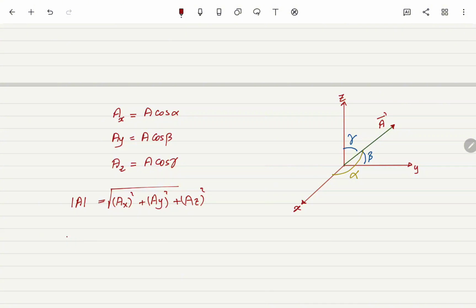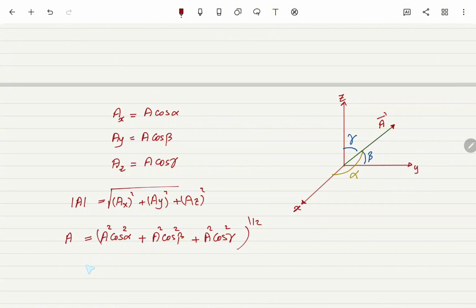Or A in this case equals, we just substitute AX, AY, AZ, A squared cosine squared alpha plus A squared cosine squared beta plus A squared cosine squared gamma, all to the power half.